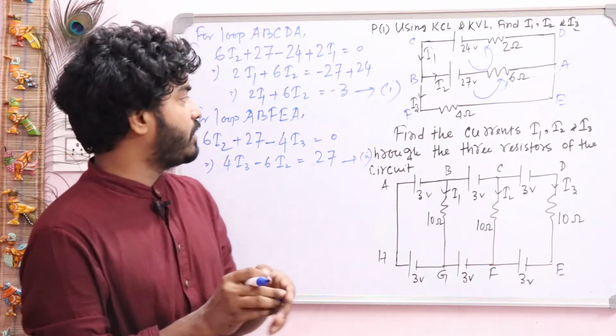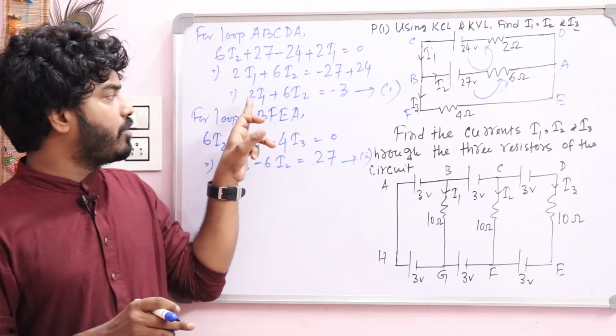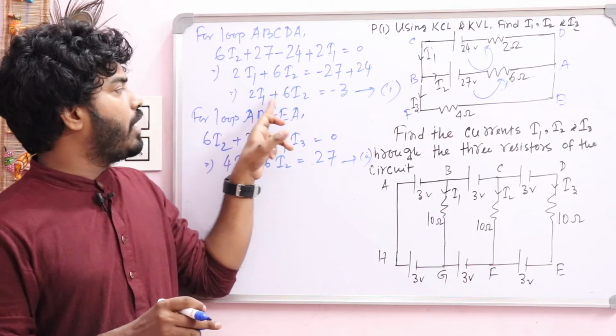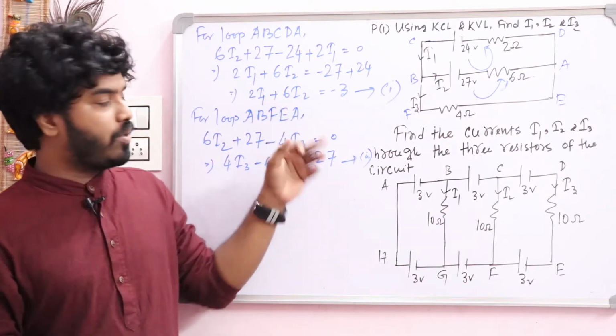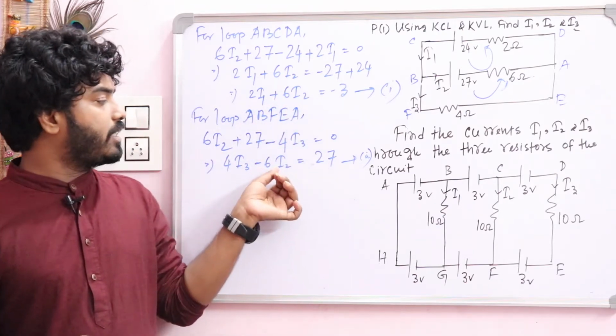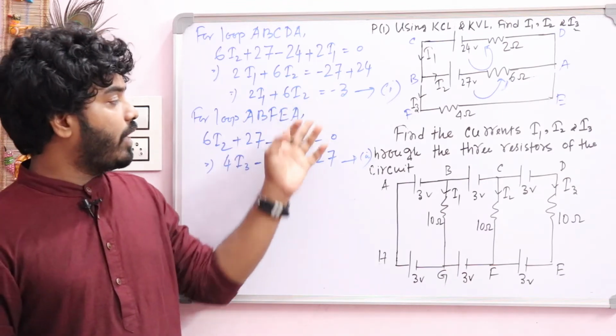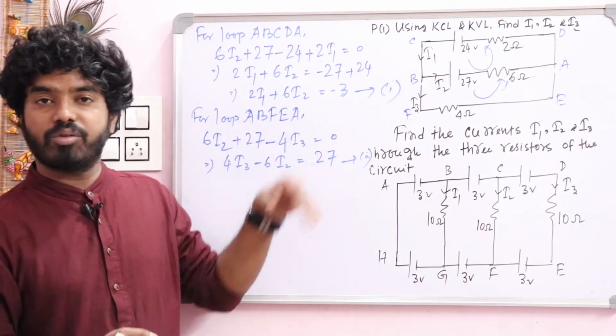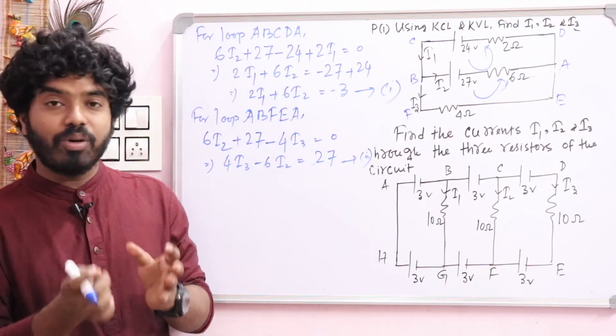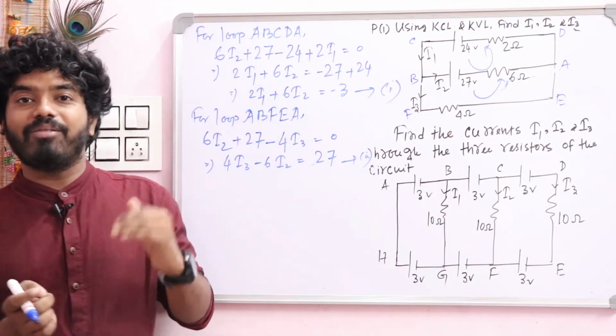Now you just see there is a first equation which is given in terms of I1 and I2, and this equation is given in terms of I2 and I3, so we cannot find out the value by solving these two equations. So here you have to use KCL.